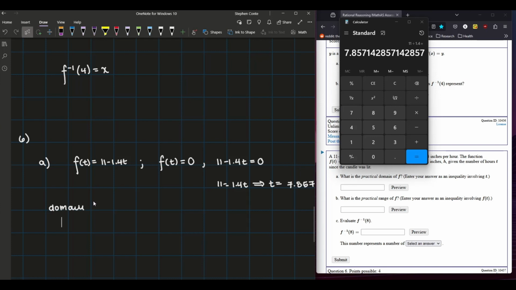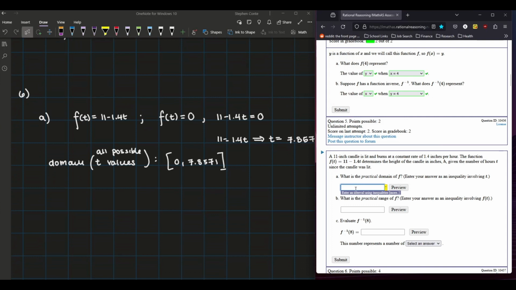Okay, so then our practical domain, remember domain is all the values of x, or all the input values that we can take on. In this case, that's t values. All possible t values. So our t values are 0 to 7.857. Let's add an extra decimal to be safe.